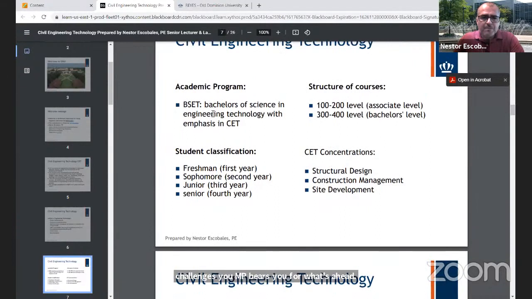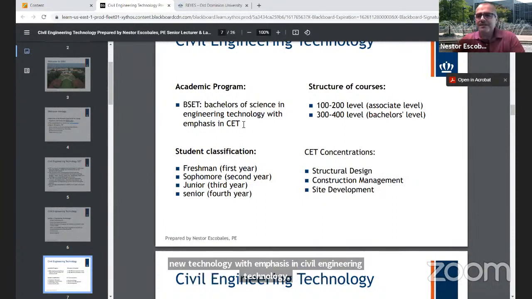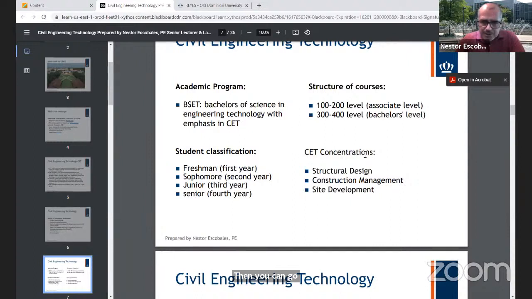The academic program is called a Bachelor of Science in Engineering Technology with emphasis in civil engineering technology. Then you can go into a concentration. And those concentrations are listed here in the bottom right corner: structural design, construction management, and site development.